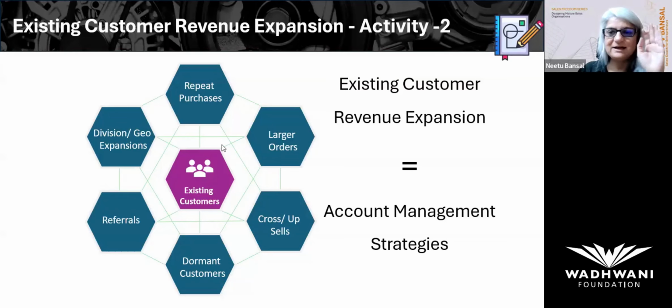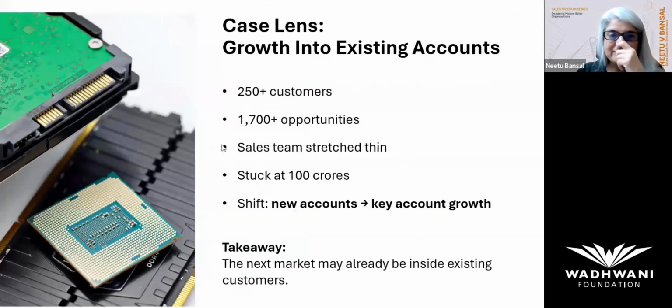This is nothing but the account management principle itself, if you remember the example I gave in my last session about this company who was manufacturing processes for electronics. When they came to me saying that we want to look at improving our sales, when I did the entire assessment, we identified that instead of looking at adding new clients right now, let's take those 250 customers and create a key account management strategy.